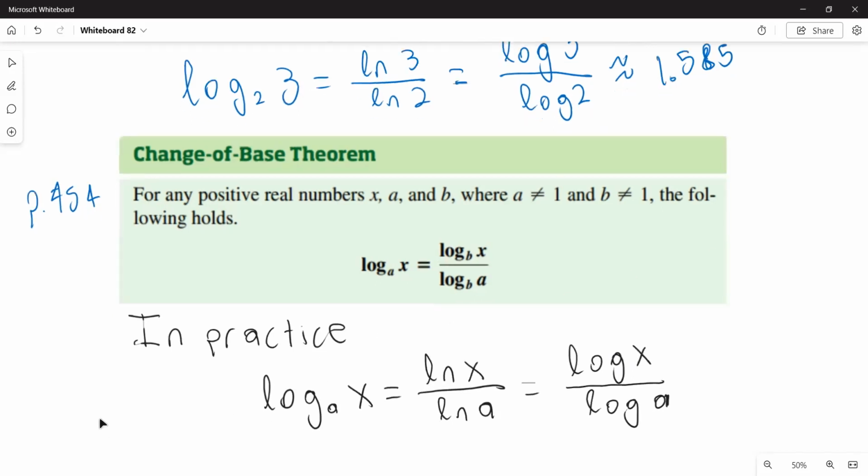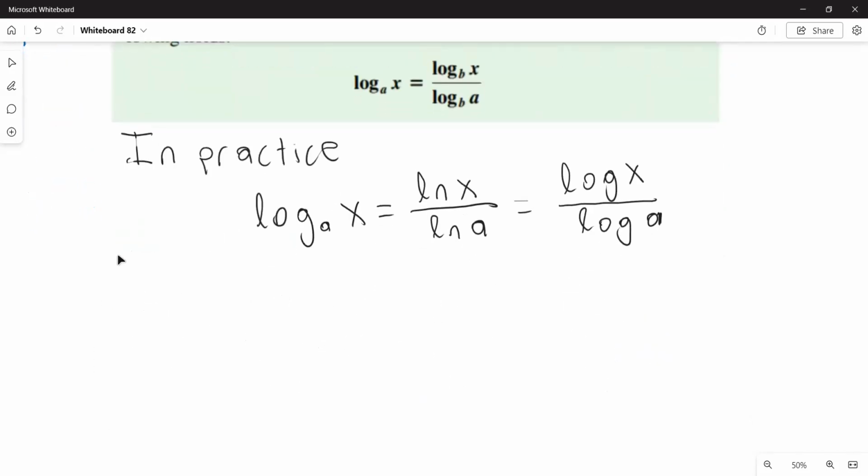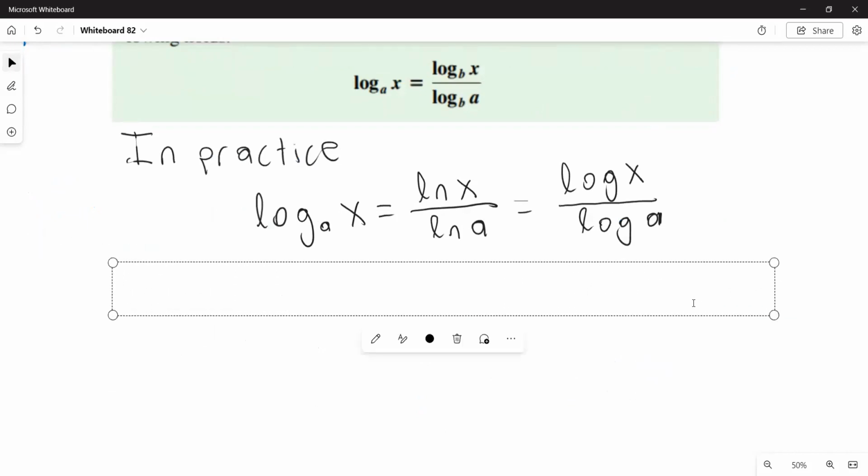So those are going to be the last two examples. We're going to use the change of base theorem to evaluate the following logarithms.